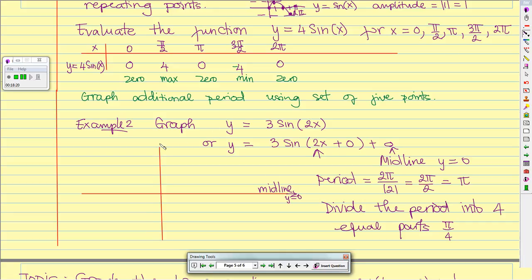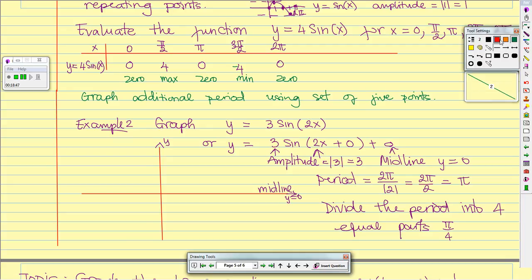And then we'll draw the y-axis. And then the amplitude. From the given function, we'll be able to see that the amplitude is the absolute value of 3. So this is just 3.